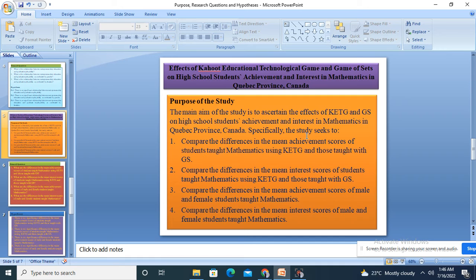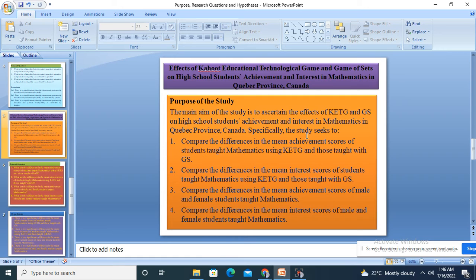If there are no similarities and differences, then you cannot compare them together. As you can see here, Kahoot educational technological game is an online based game, while game of set is a manual game. Now you want to compare both when teaching high school students mathematics.